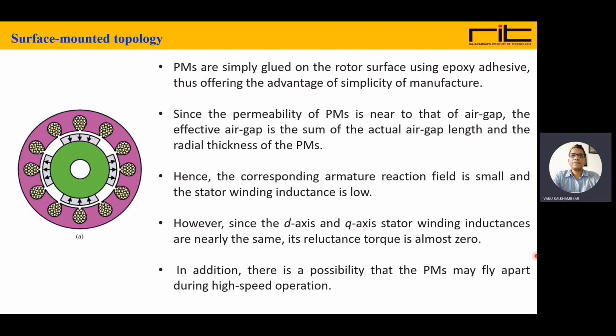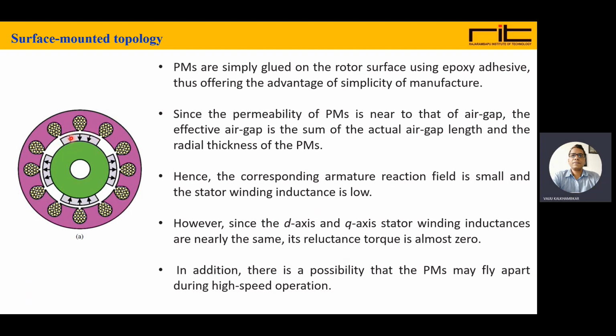Since the permeability of permanent magnets is near to that of the air gap, the effective air gap is the sum of the actual air gap length and the radial thickness of the permanent magnet. So air gap will be the thickness of the magnet and the air gap thickness.